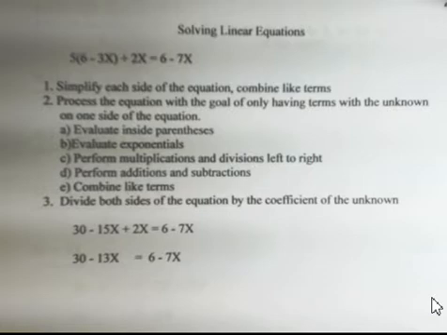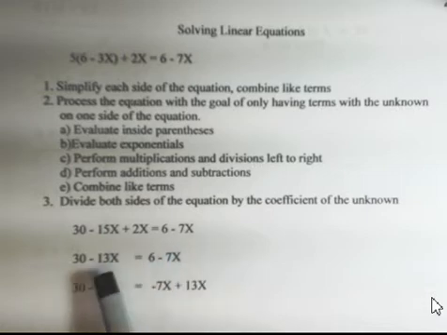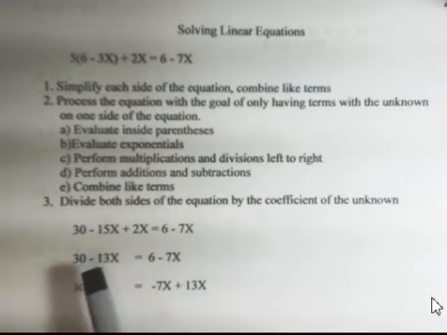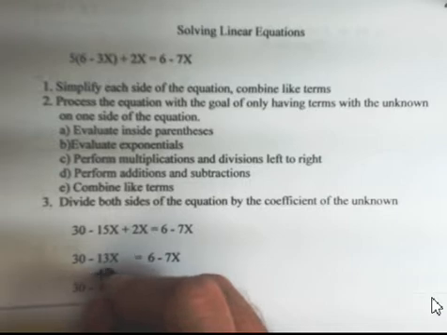And now I'm going to seek to have the unknown terms on one side, and terms that involve the numbers on the other side. So I'm adding 13x to both sides. Minus 13x plus 13x. I'll write it out here if you want to see that.